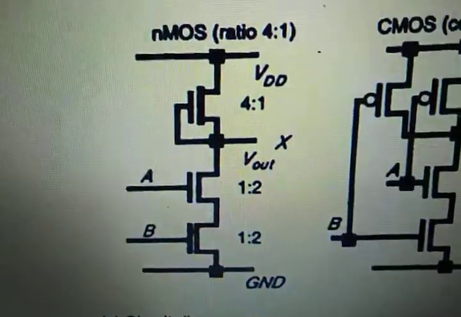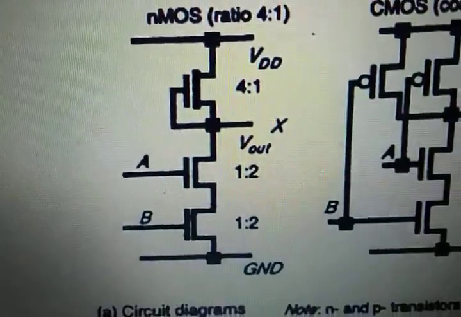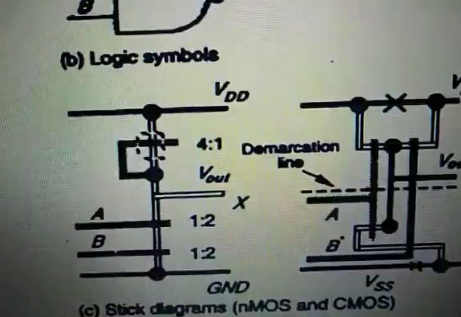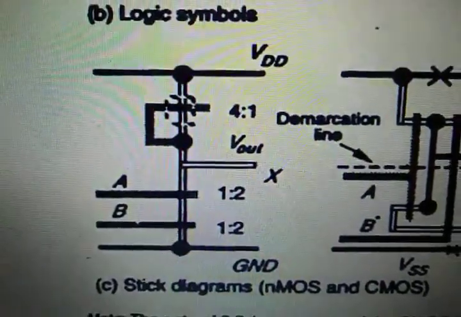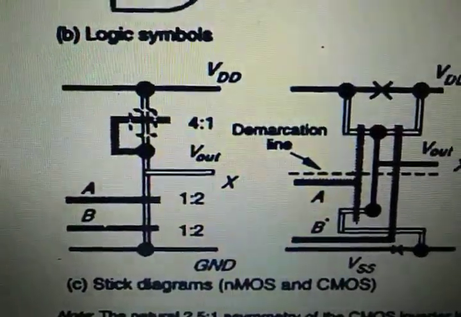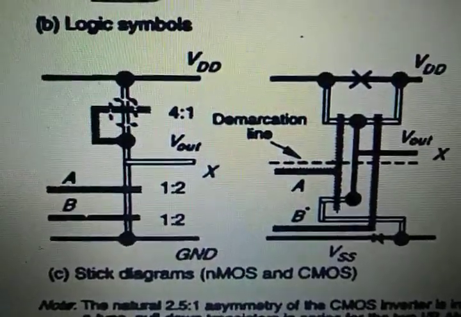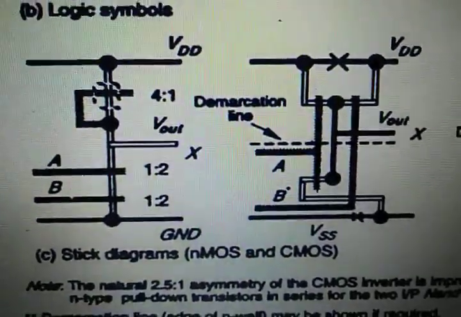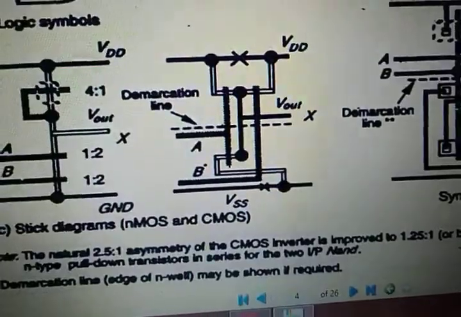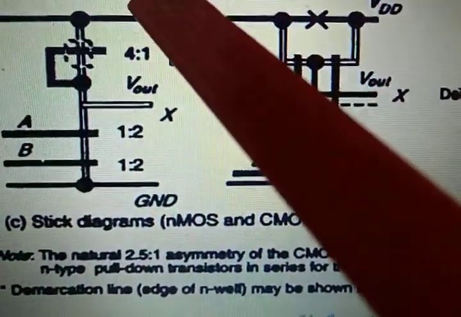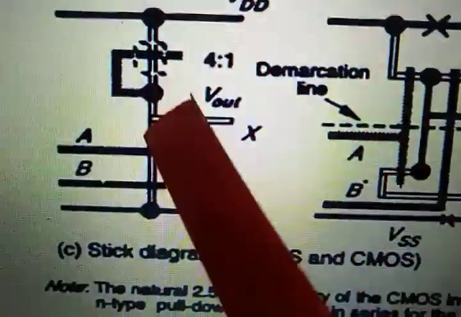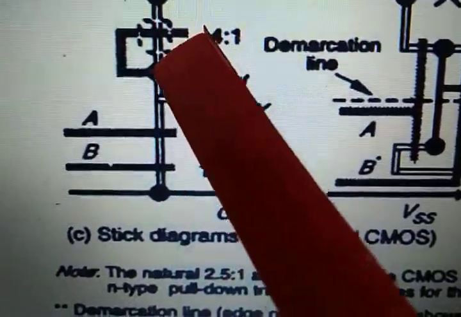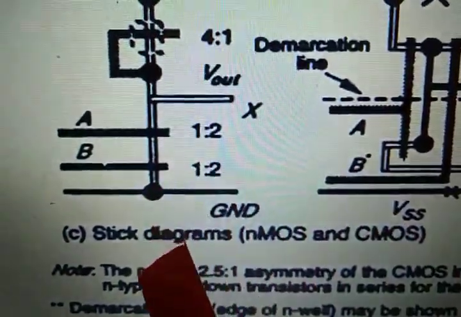For the NMOS technology using NAND, how do we draw the stick diagram? Here the VDD we have to mention in blue color. This one is fully green, because I am using N-type diffusion, depletion.